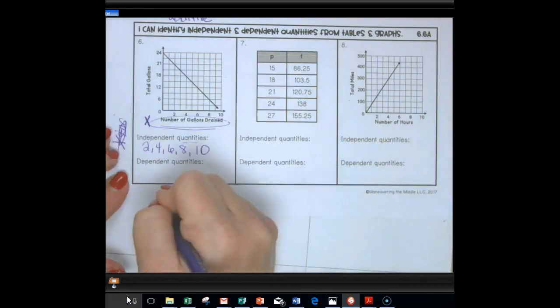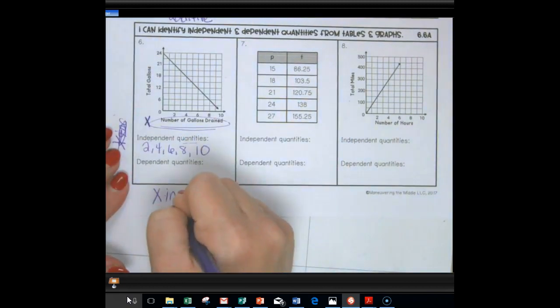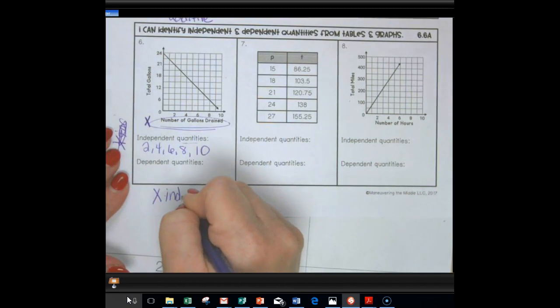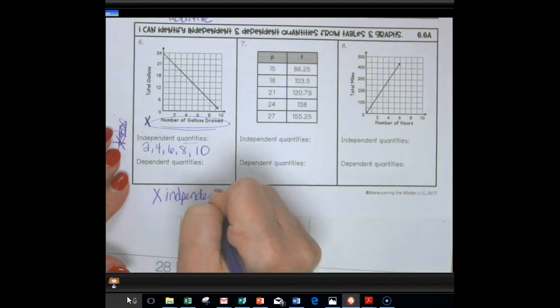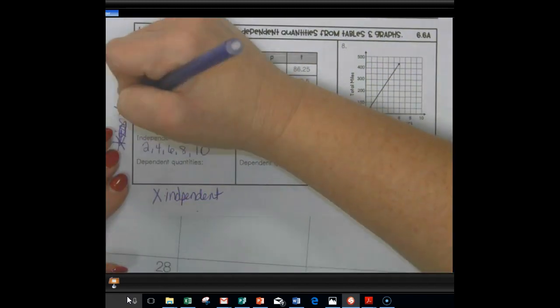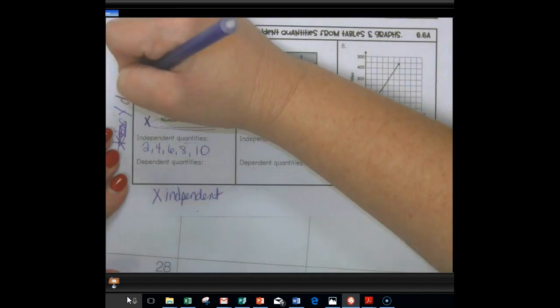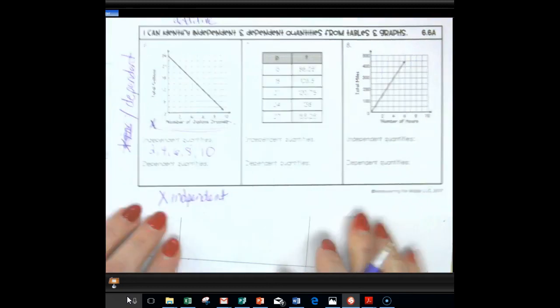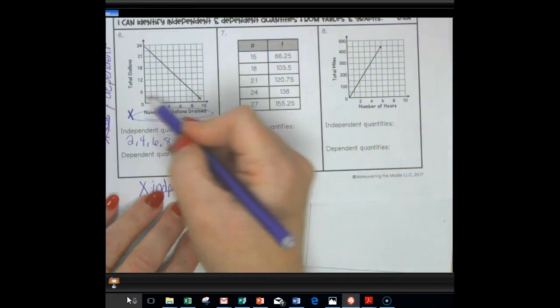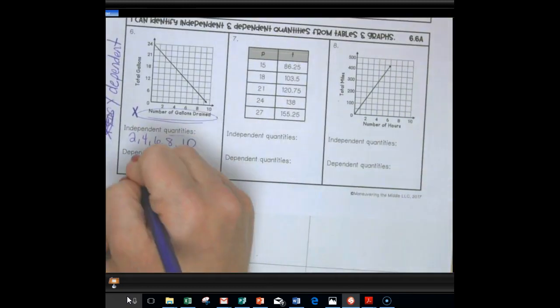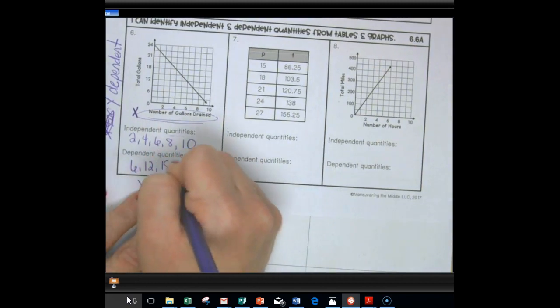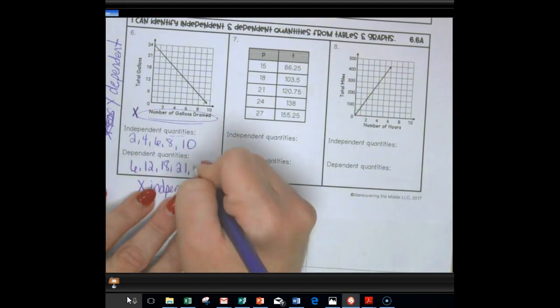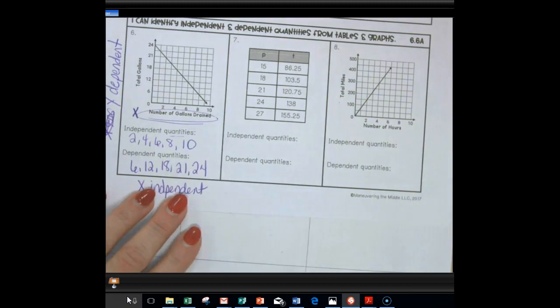Let's do it this way: x is independent, and your y is your dependent. So my dependent quantities are 6, 12, 18, 21, 24.